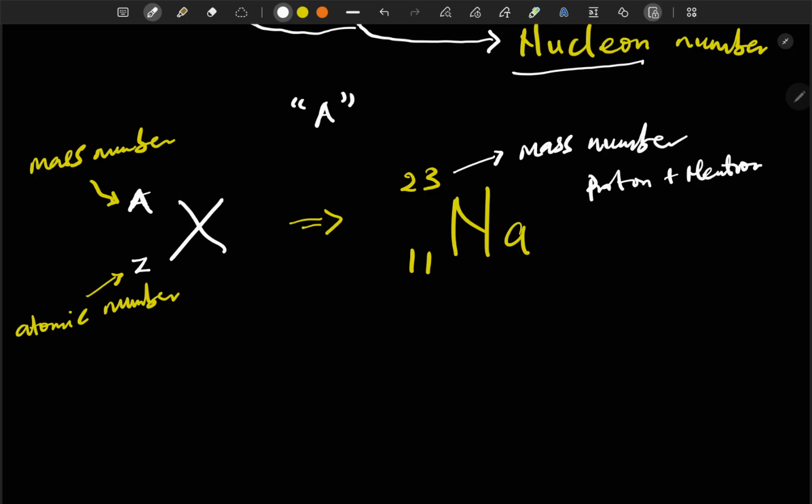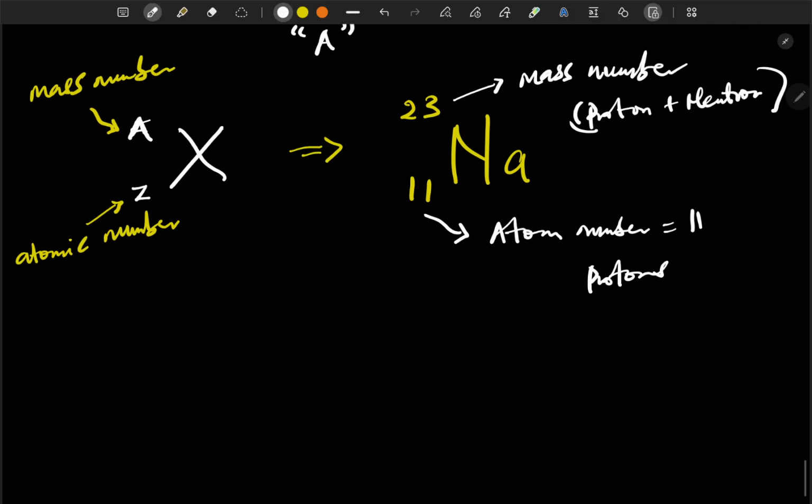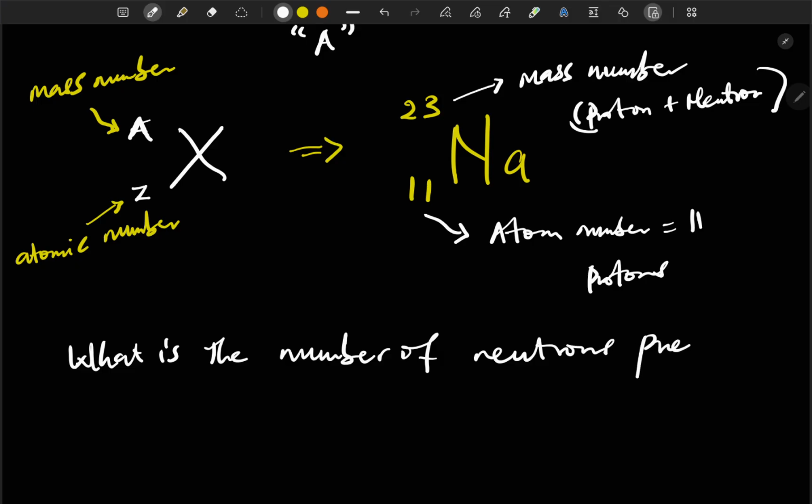That means we have 23 total sum of protons and neutrons present, while the atomic number is 11, which means we have 11 protons. Now, the question is this: if we have mass number 23 and atomic number 11, can you guess what is the number of neutrons present?